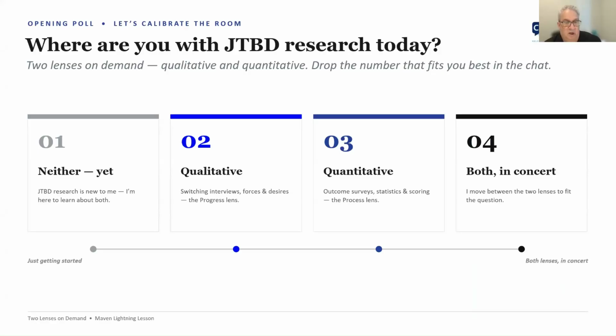Before we jump in, we're going to be covering how to apply jobs to be done research methods, both qualitative and quantitative. We're going to be using the lens of the 4 stages of demand to frame the discussion. But give me an indication of your background or experience as it relates to jobs to be done research.